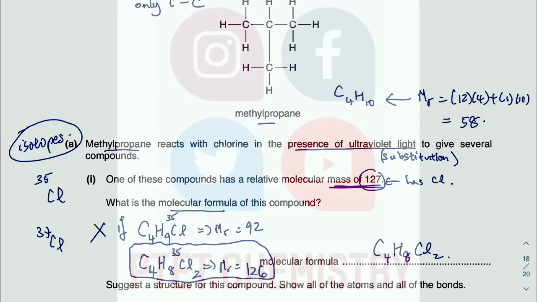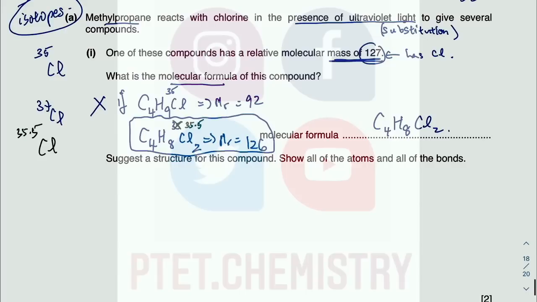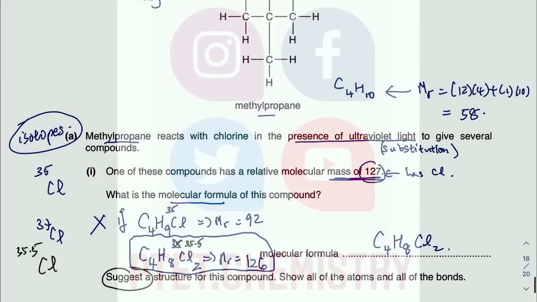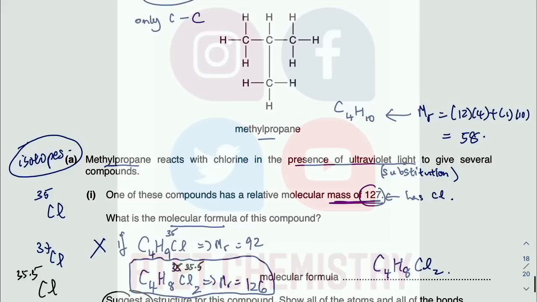If you want, I should probably go back to 35.5 because that's what your periodic table will show you. But I know my chemistry, it will still be correct. You got to have 2 chlorine to be close enough to what you actually observe, yeah? Now they want you to suggest a structure, you want to show all of the bonds and all the atoms. Out of all of this, where are you going to take the hydrogen out?